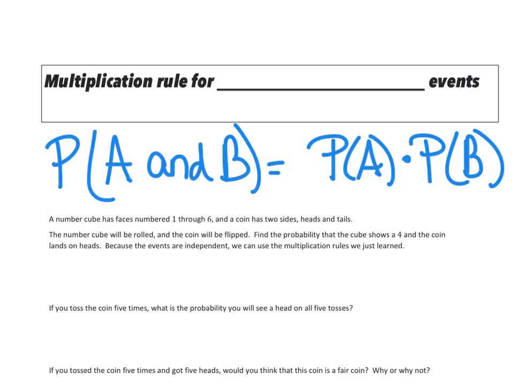Okay, here it is, one of our first big probability rules. The multiplication rule for, and this is big, independent events. Here's the rule: the probability of A and B is equal to the probability of A times the probability of B. So here's what I want you to box in.